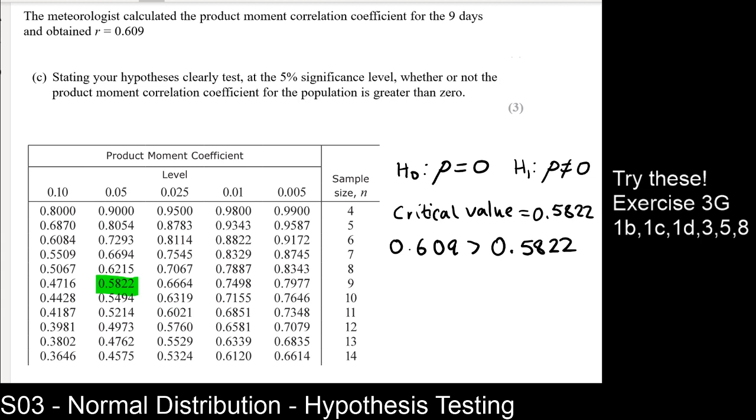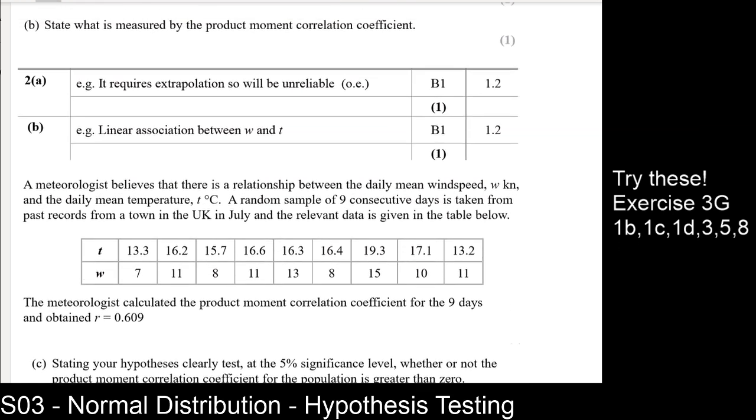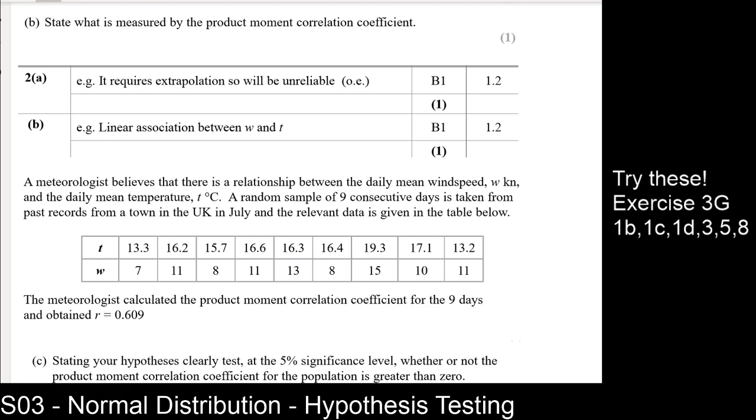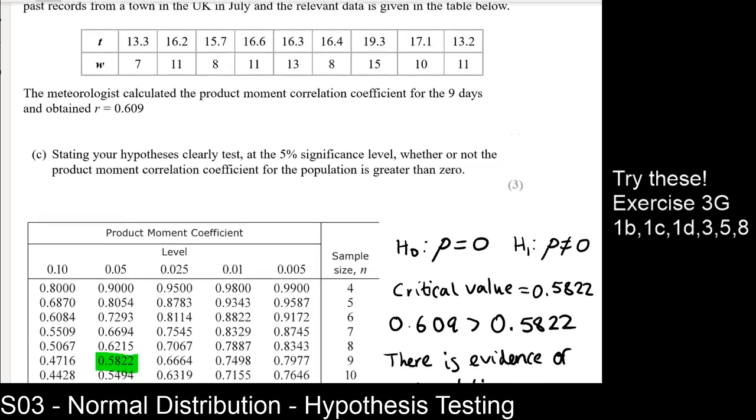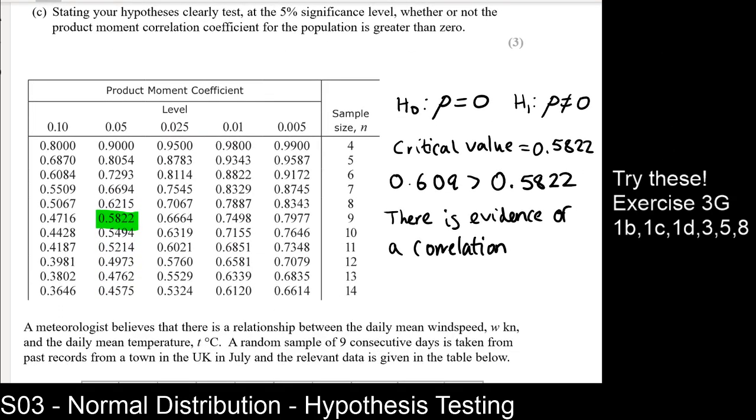So therefore, we can say that there is evidence of a correlation, and then we just refer to the context of the question. We are looking at temperature and wind speed. So we say there is evidence of a correlation between temperature and wind speed.